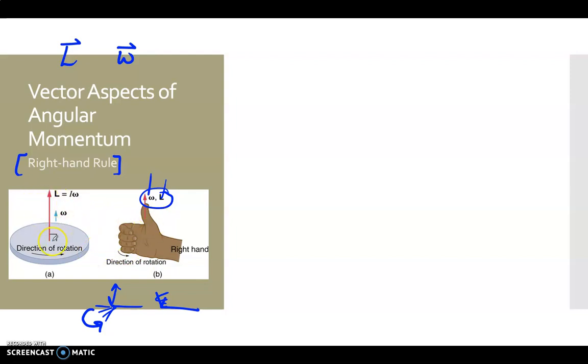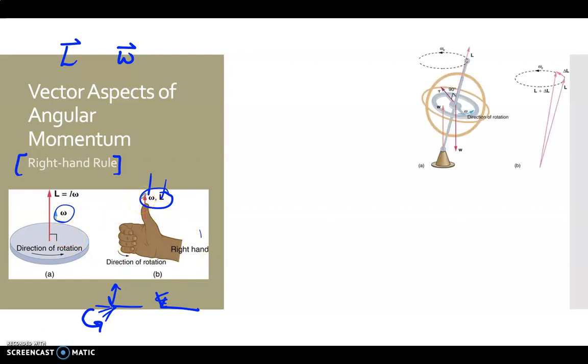So if this disc is rotating counterclockwise, your angular velocity and angular momentum are going to be pointing up in this case. Using your right hand, you can show this. I've got a couple more examples here, but don't worry too much.